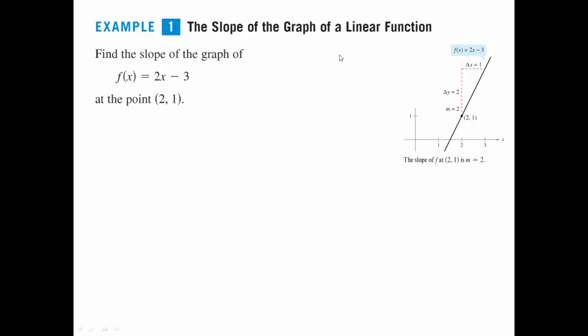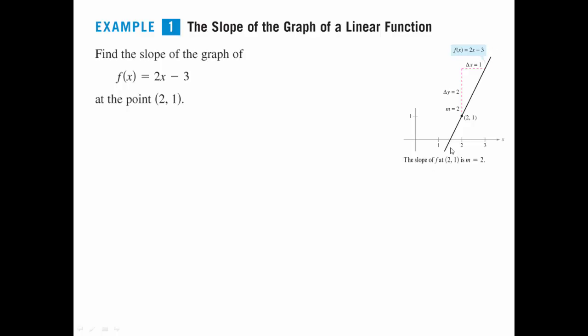So let's find the slope using our definition of tangent line, the slope of a tangent line. So we're going to find the slope of 2x minus 3. Well, if you're thinking ahead, you go, hey, Mr. Ho, this is a line, and it has to be the slope of 2 here, y is equal to mx plus b.